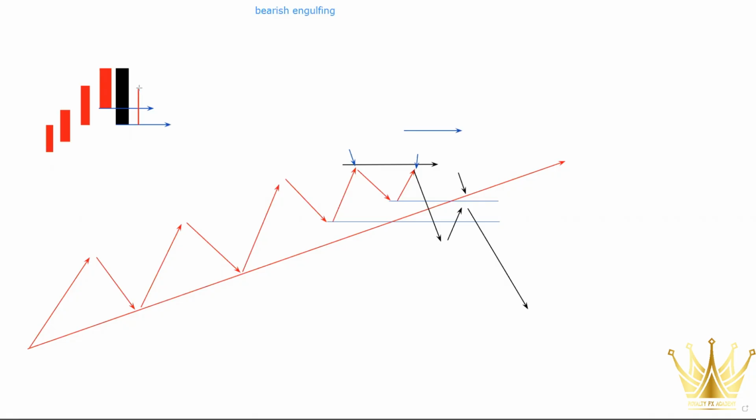When market comes back down as a wick, right? Of course, like so. It'll come down as a wick, just like so.